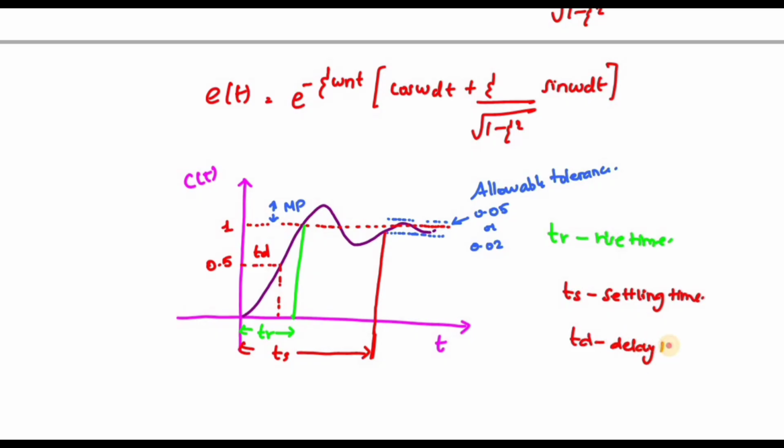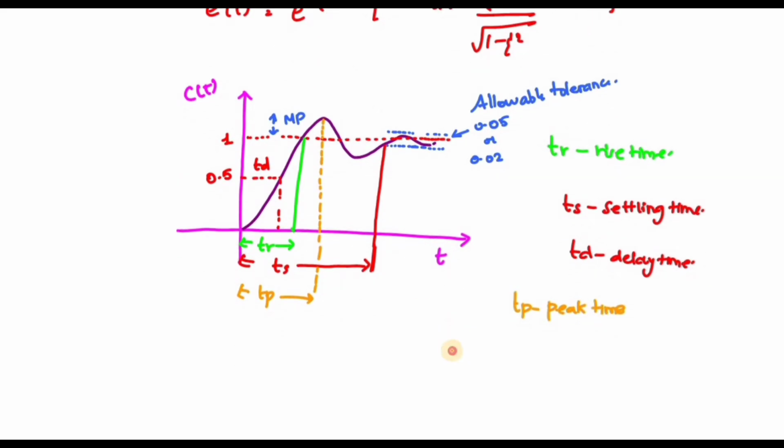Next, the time it takes to reach the first peak, the peak time, that is tp. It is the time required for the response to reach the first peak of the overshoot.